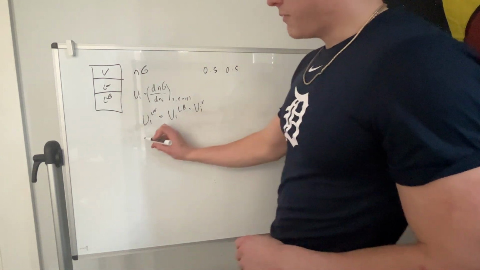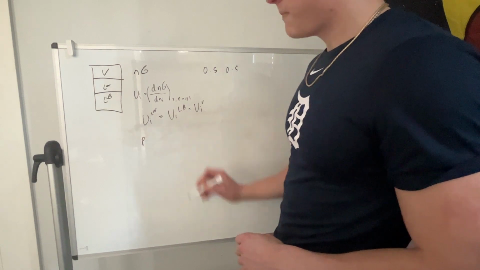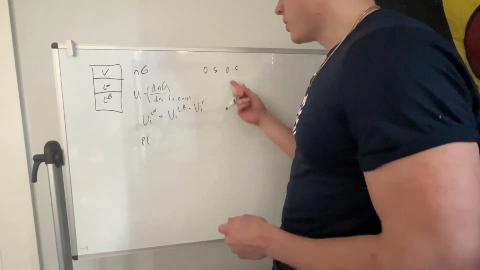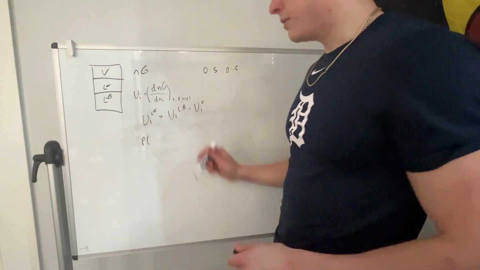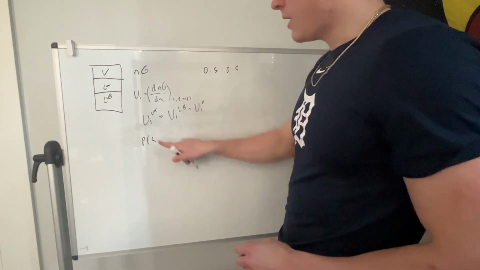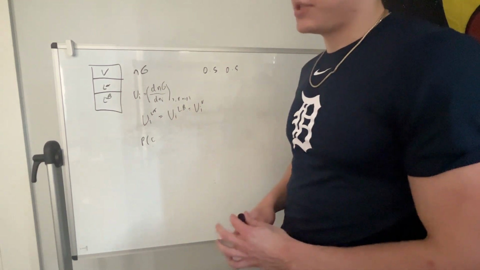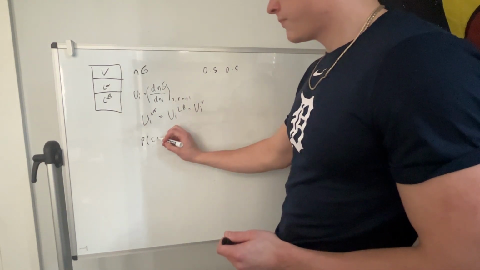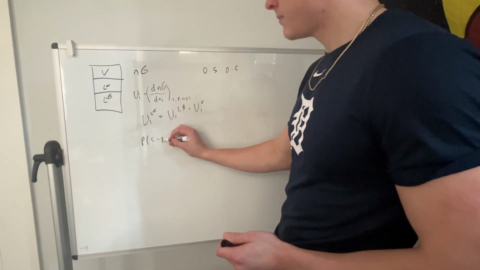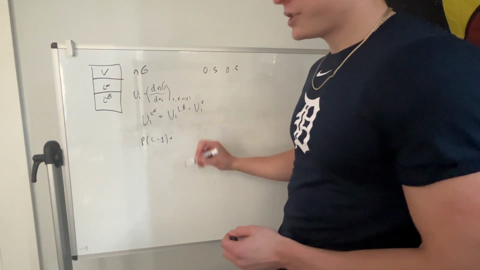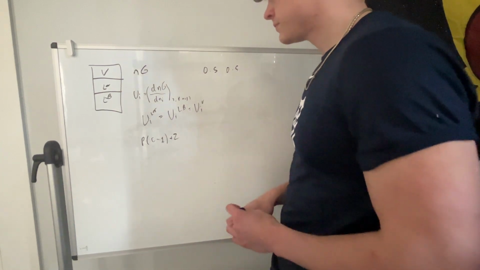So we'll start with each phase. We have our P phases, and each can have a number of different mole fractions equal to C. However, because we know that all of the mole fractions together add up to 1, this is actually C minus 1. And then the other things that can be changed are temperature and pressure, so that will add on 2.